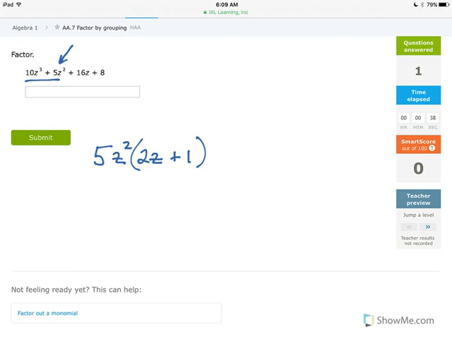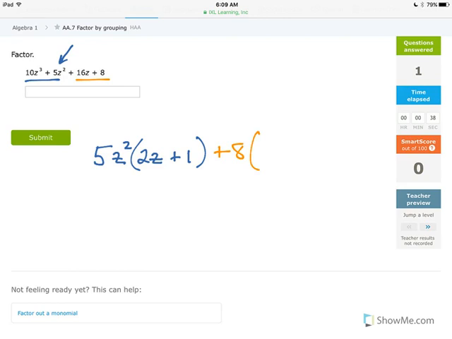And then you want to look at your next group. So what's common between the 16z and the 8? We know it's going to be an 8, and you're going to either factor off an 8 or a negative 8. Let's factor off a positive 8. And what's going to be left behind?